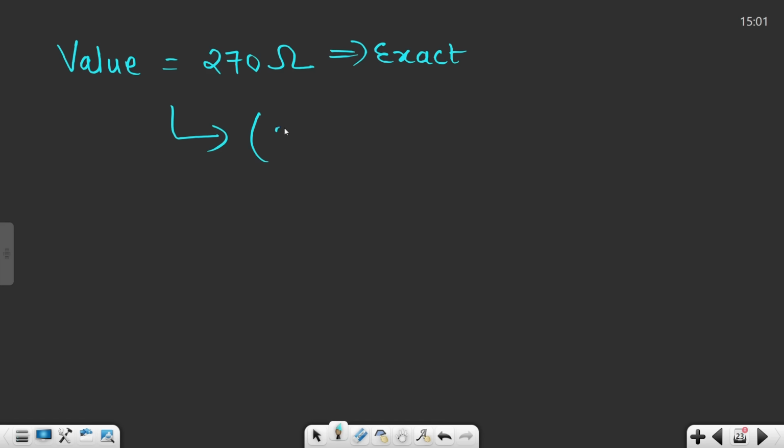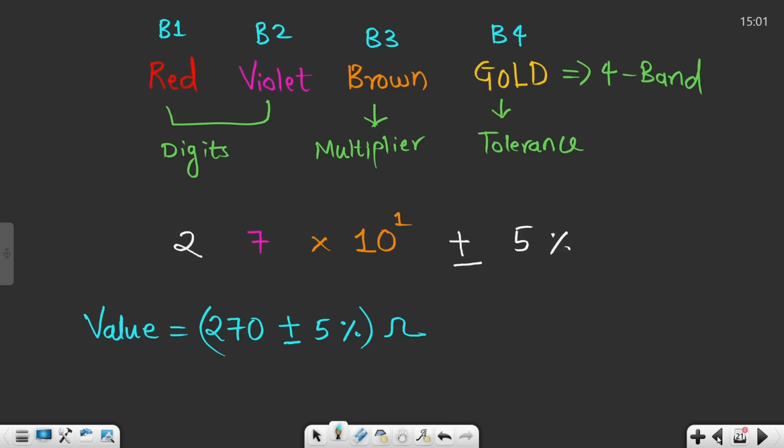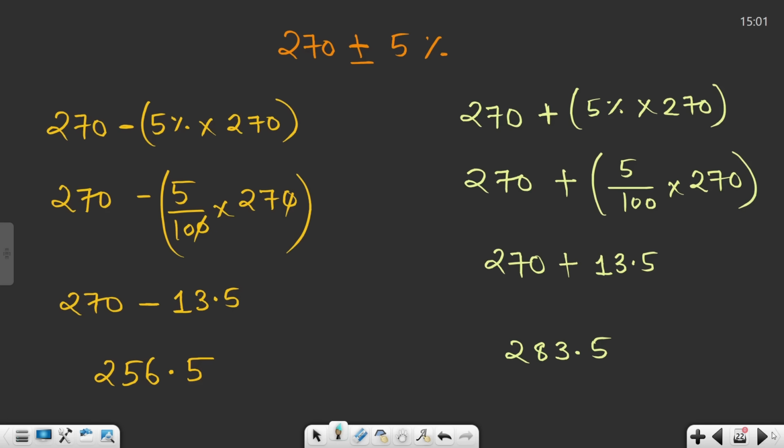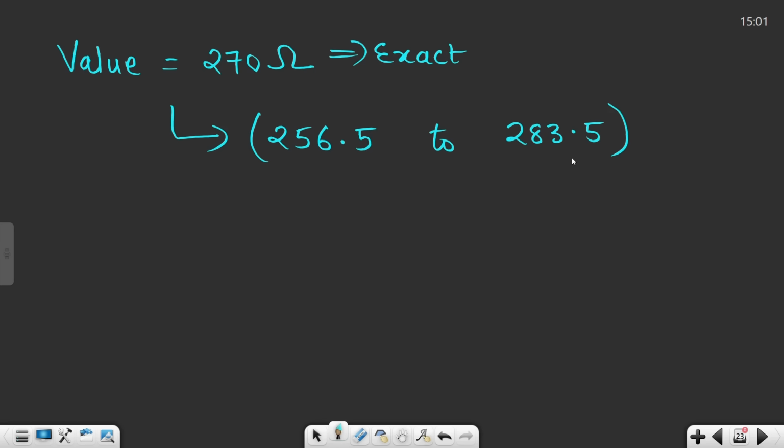I mean, you will get the range of that particular value, that is 256.5 if I'm not mistaken, to 283.5. That means this particular resistor can provide resistance from 256.5 to 283.5, in between this range. Surely it cannot provide less resistance than this, and surely it cannot provide more resistance than this.